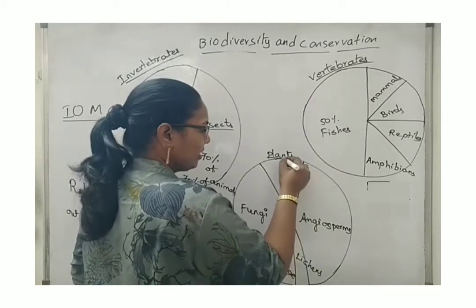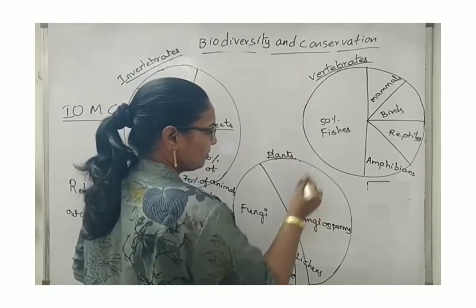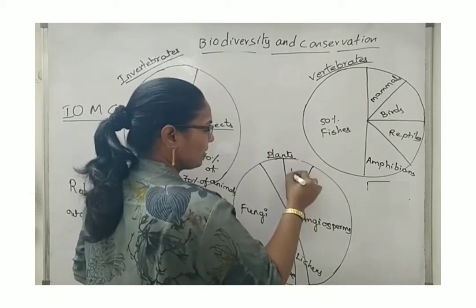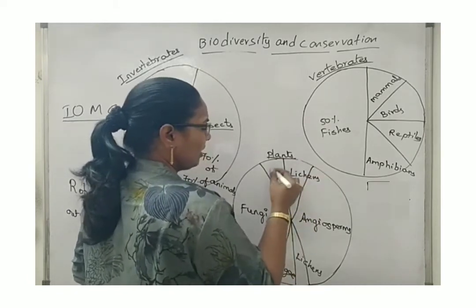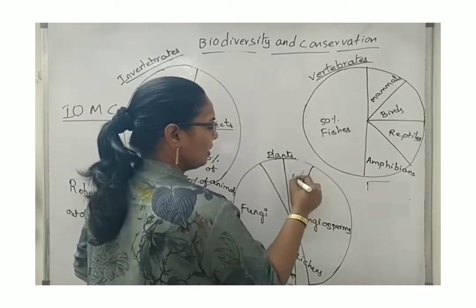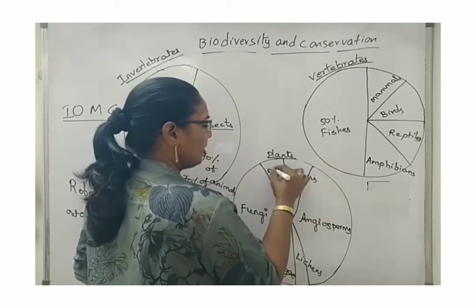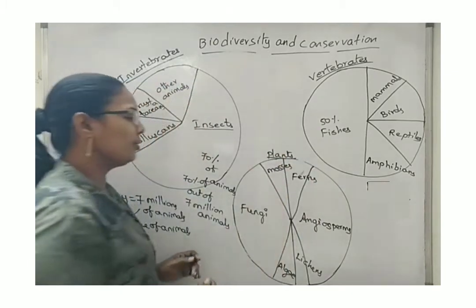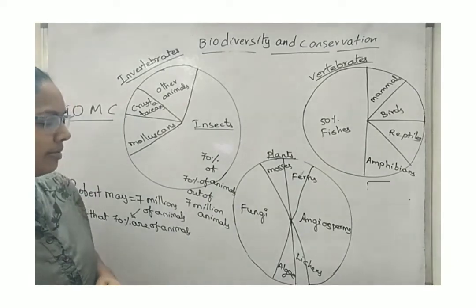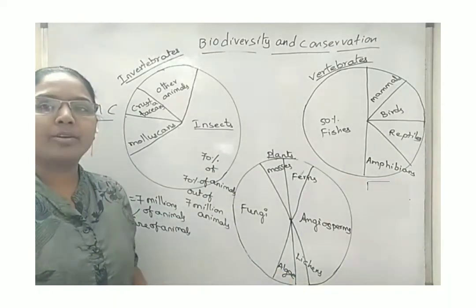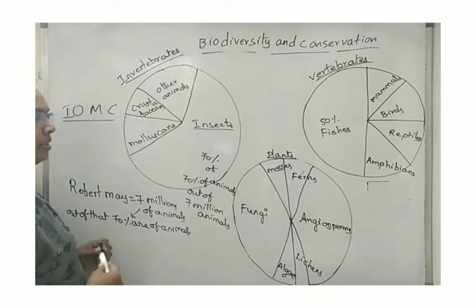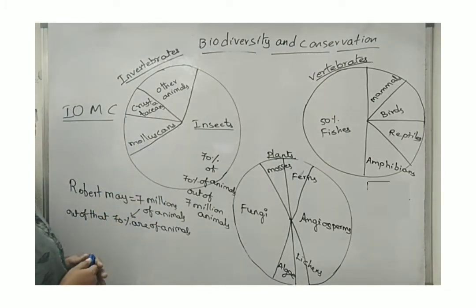Next, we see mostly equal distribution: lichens, ferns and mosses. We know that ferns are studied under pteridophytes, mosses under bryophyta, and lichens are symbiotic associations of algae and fungi together. So these are the three different pie charts.